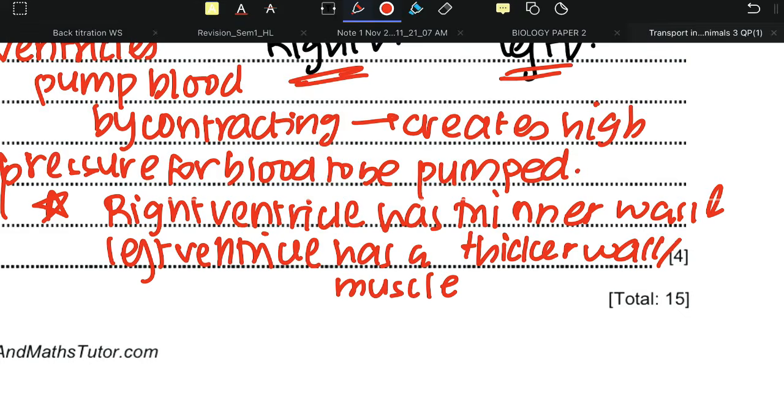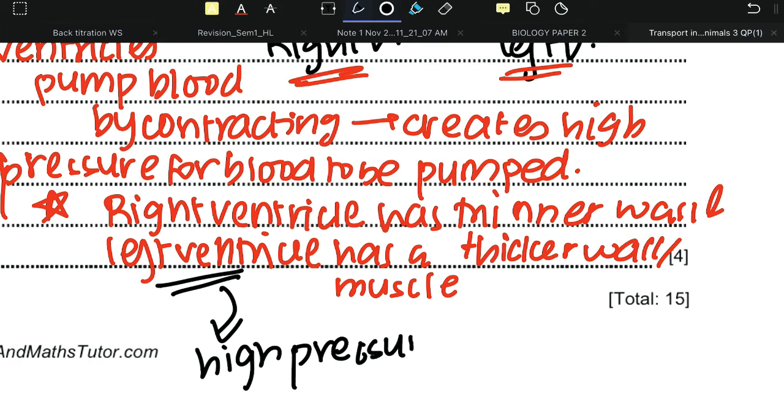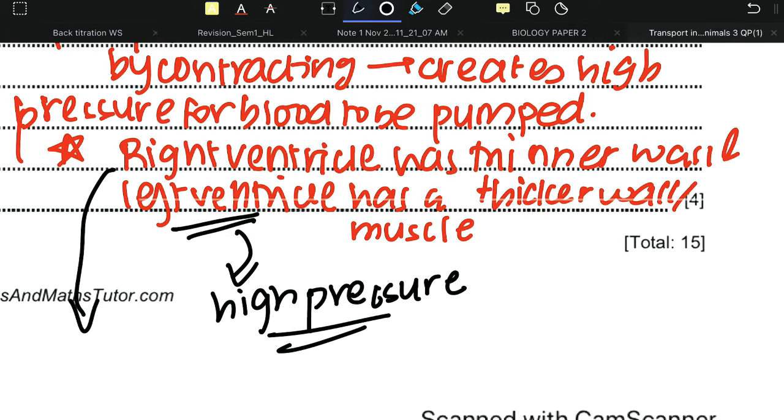So the left ventricle is able to pump blood under high pressure to the rest of the organs in the body, whereas the right ventricle does not need to pump it at very high pressure. It can pump it at low pressure because now it's only going into the lungs. So it will still have some time for reoxygenation and for removal of the carbon dioxide.